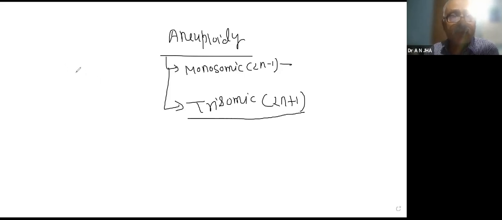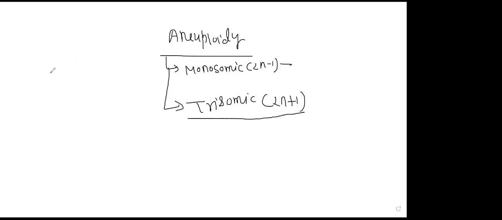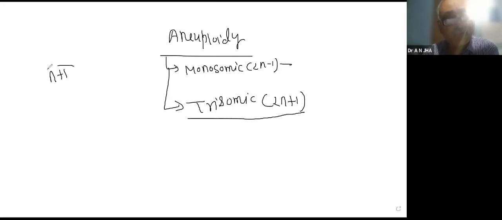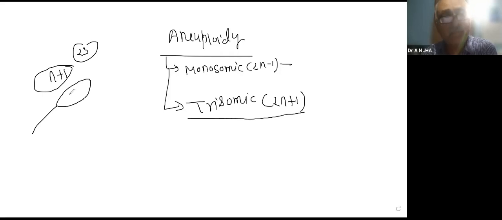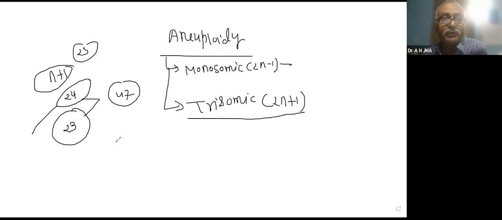See here, when an n+1 gamete, suppose a sperm in which there should be 23 chromosomes, but due to a problem in meiosis it is carrying an extra chromosome, gets fused with the egg, 23 chromosomes, then it becomes 47.